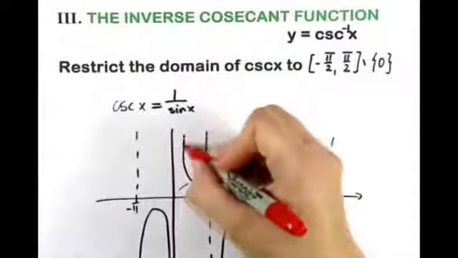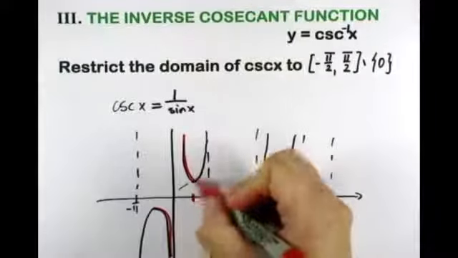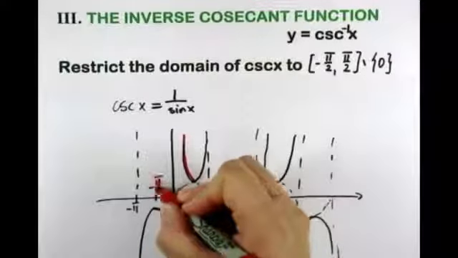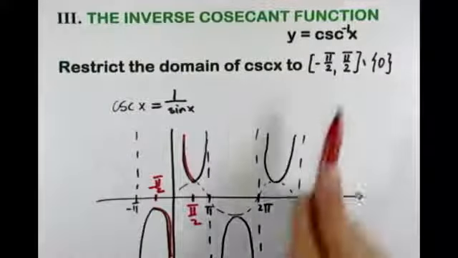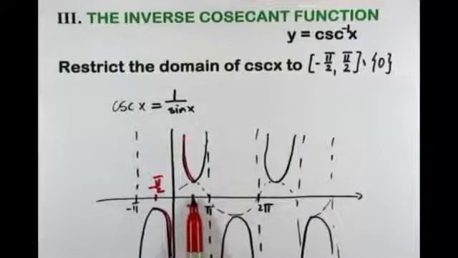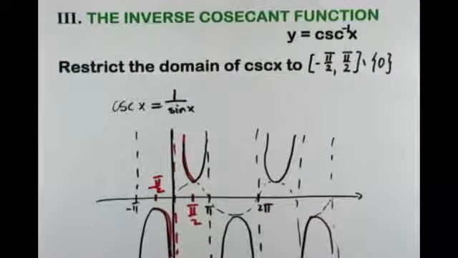We take this one part and this one part. Up to this value is pi over 2, and up to this value is minus pi over 2. That's why we restrict the domain of cosecant from minus pi over 2 to pi over 2, and we take away the asymptote. At 0 was the asymptote, right? So we take away the asymptote.